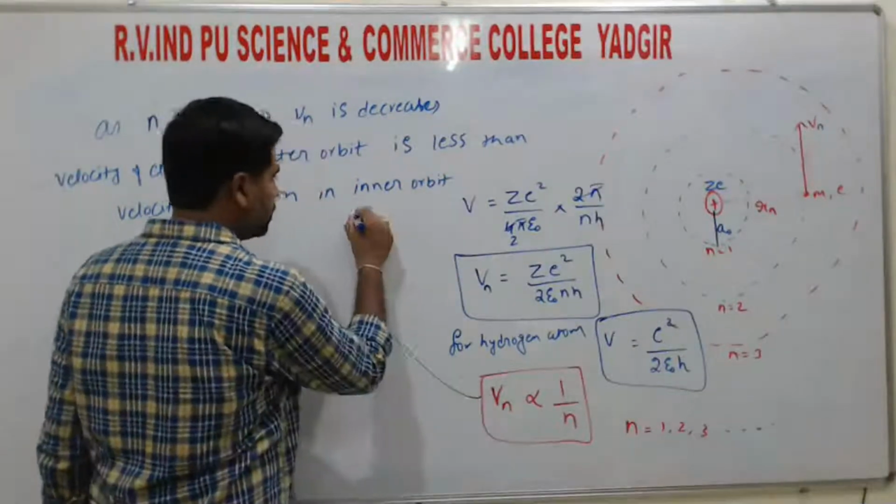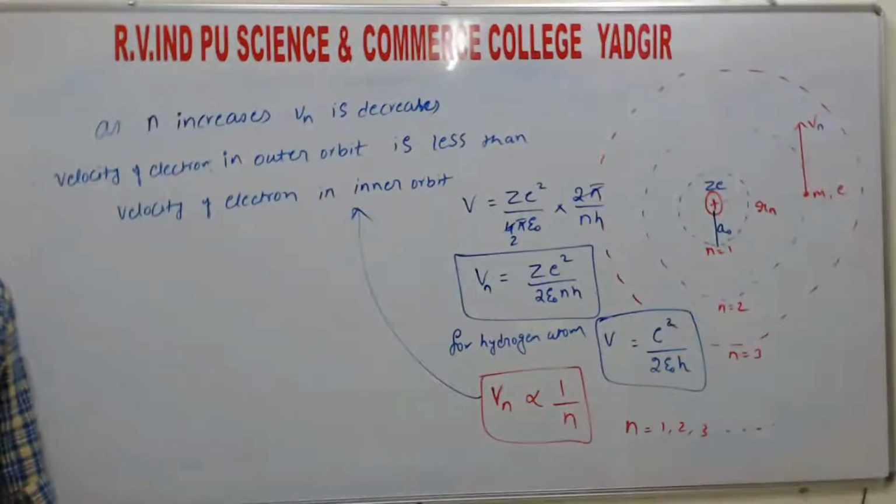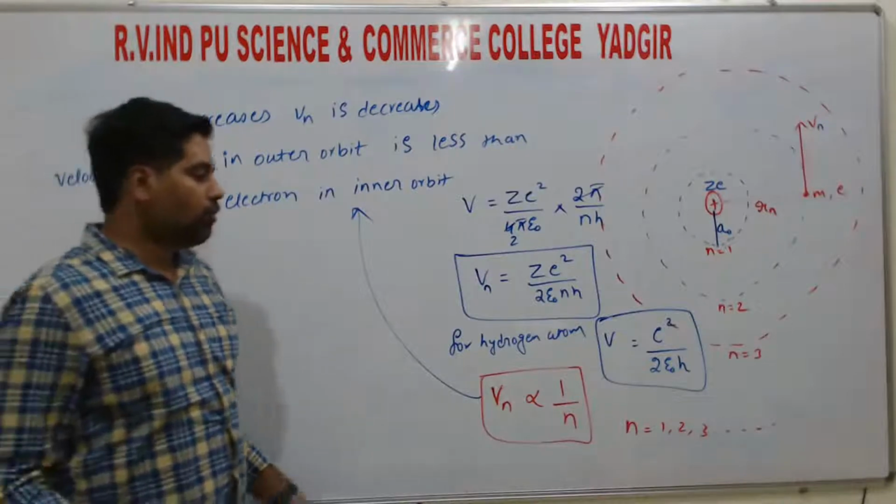So this is by the relation Vn is inversely proportional to 1 by n.